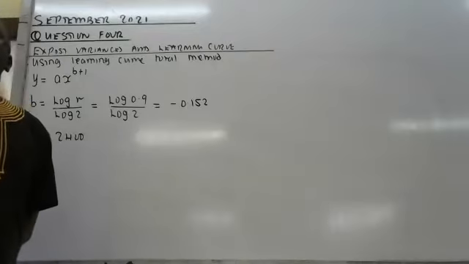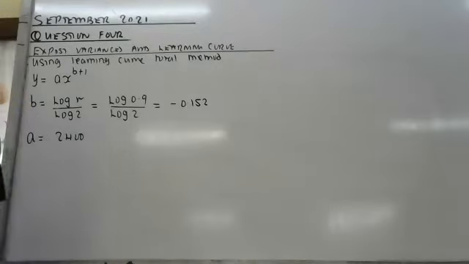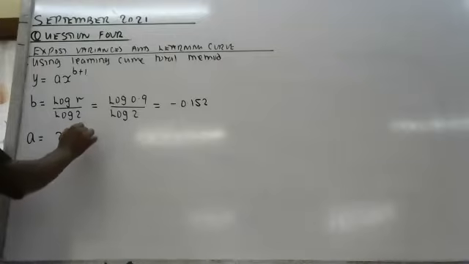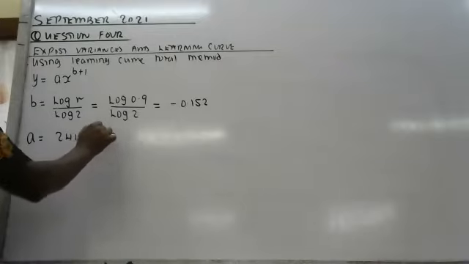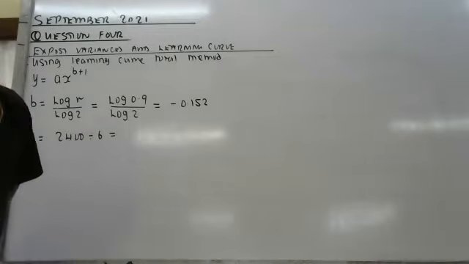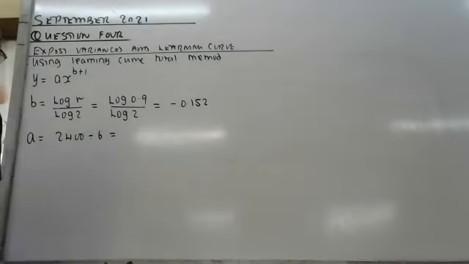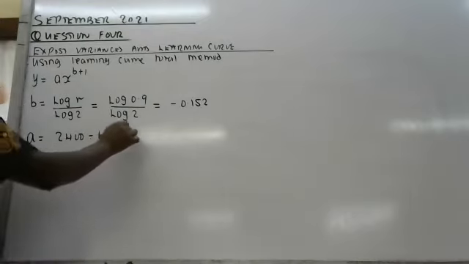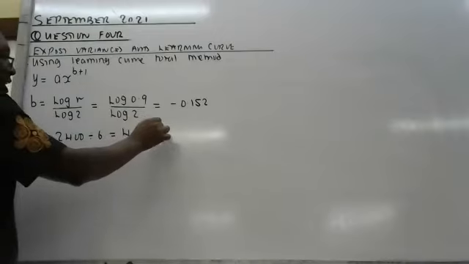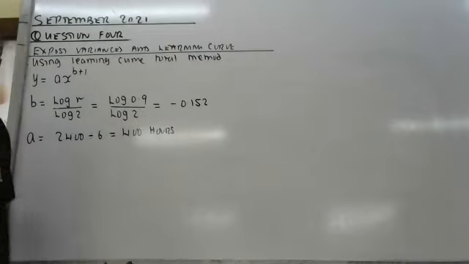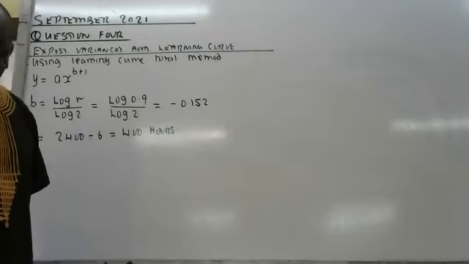So if you want to know how many hours one batch was taking, you divide 2,400 by 6, and that will give you 400 hours.